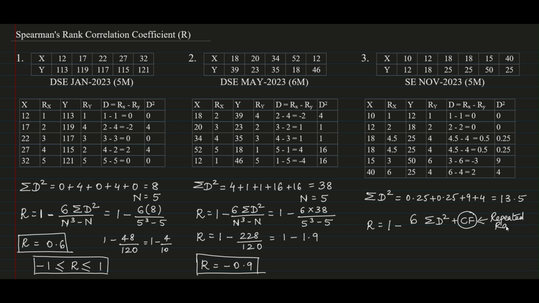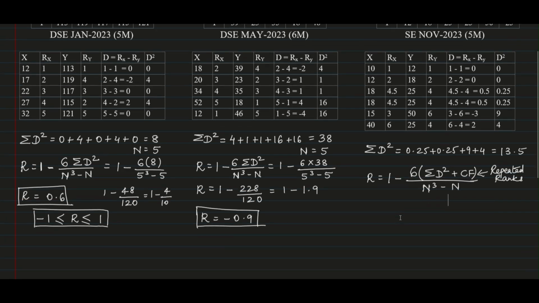Corresponding to the repeated ranks, we calculate CF separately. So in earlier cases, the ranks were not repeated, hence the correction factor was equal to 0.